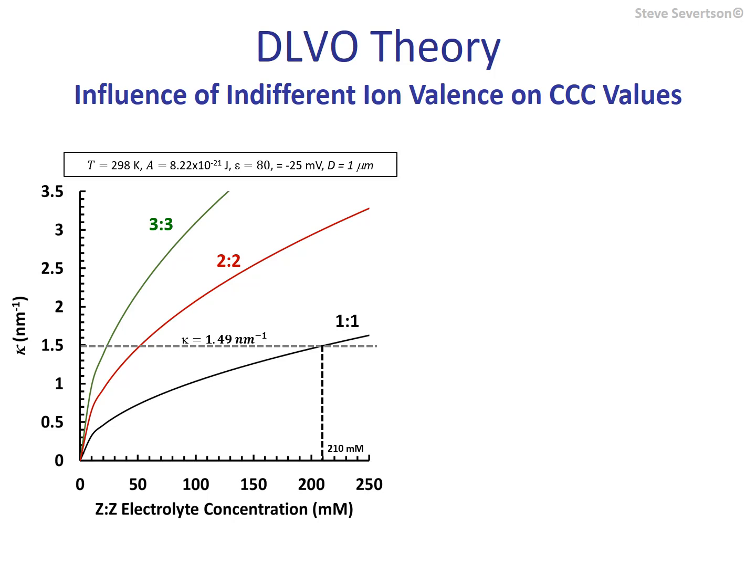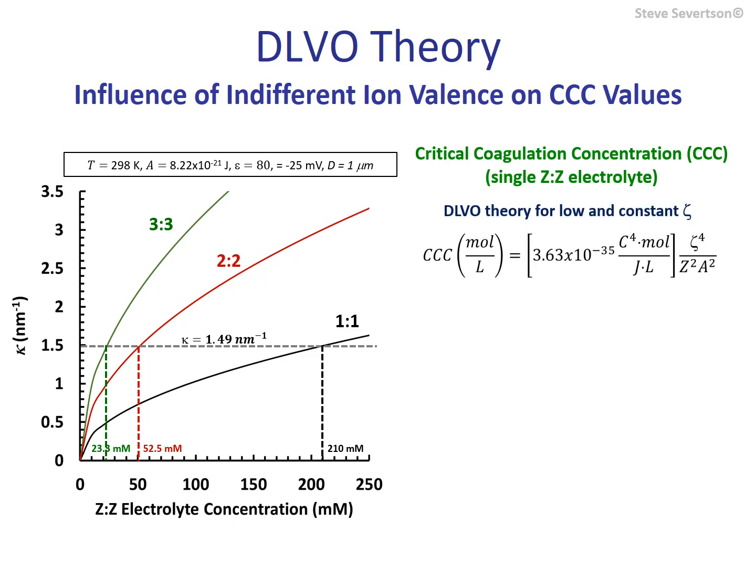What the plots show is that for an increasing valence, the concentration of electrolyte required to destabilize a colloid is decreased substantially. From the DLVO critical values based on the assumption of a low and constant zeta potential, it can be shown that the ratio between critical coagulation numbers for two electrolytes is inversely related to their valence ratio raised to the sixth power.